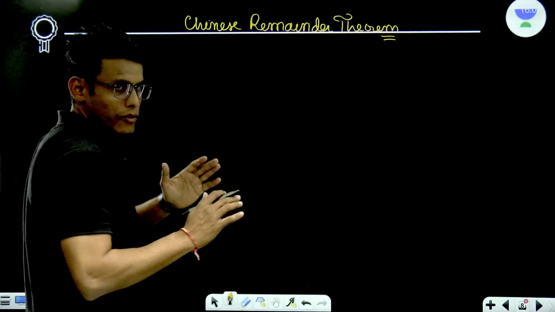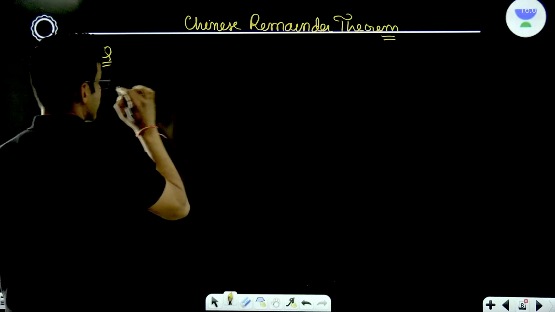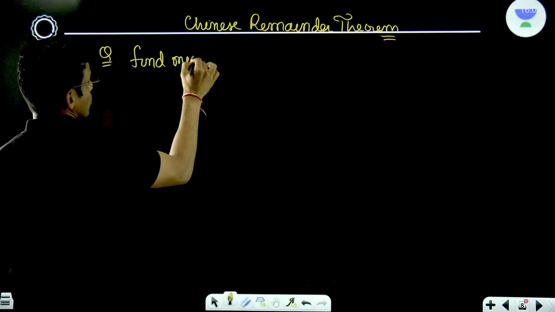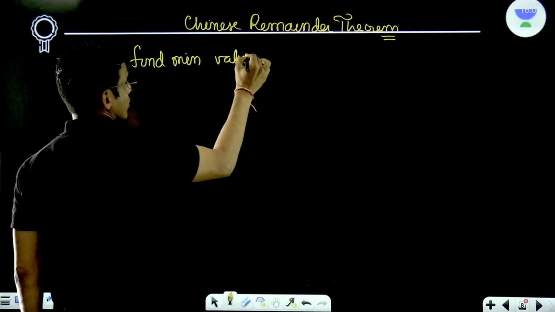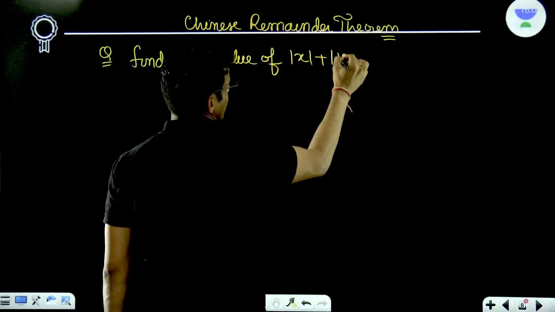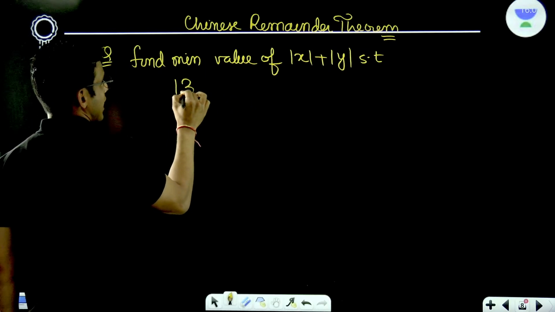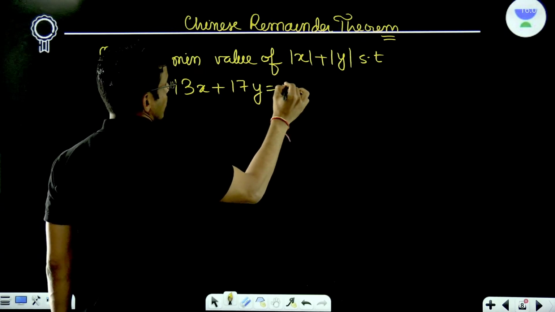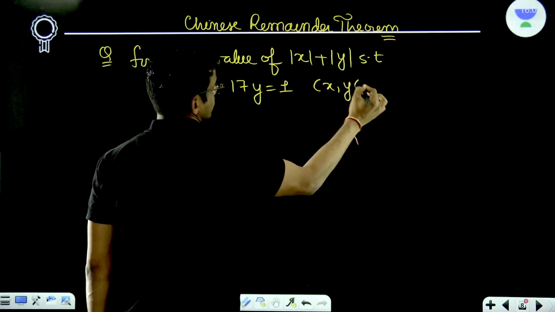So first of all, I'll start with a very simple problem. You have to answer this. Find the minimum value of |x| + |y| such that 13x + 17y = 1, where x, y belong to integers.